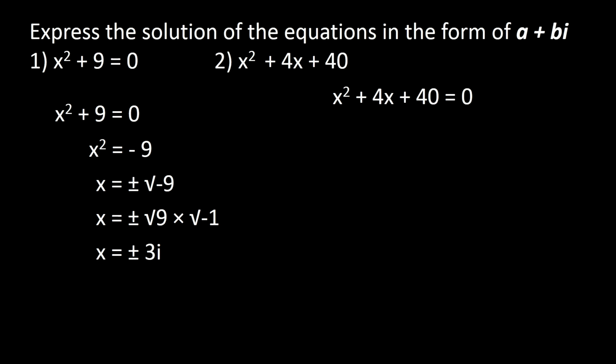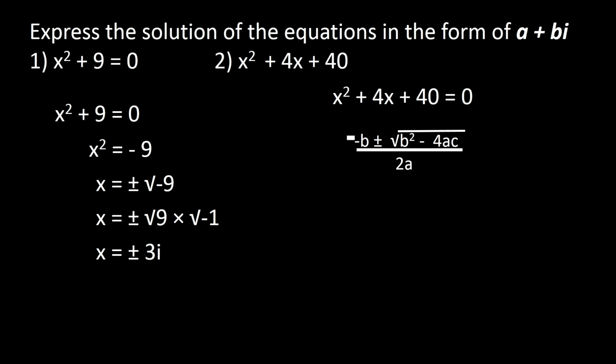Then number 2. x squared plus 4x plus 40 is equal to 0. This is a quadratic equation and we need to use a formula, the quadratic formula. As we all know, minus b plus or minus square root of b squared minus 4ac over 2a is the best formula to use for this.